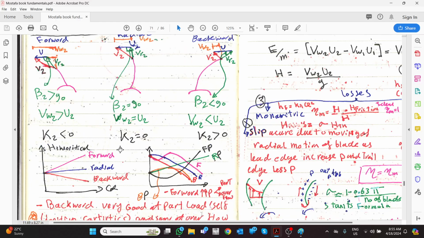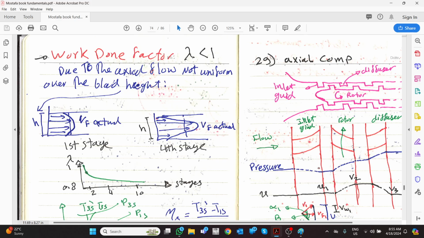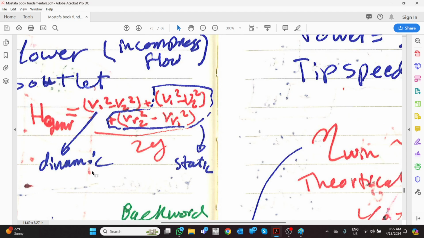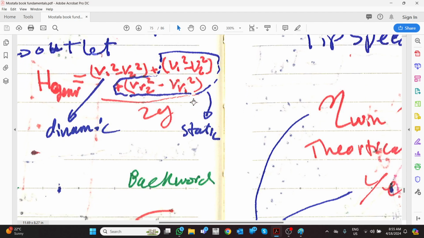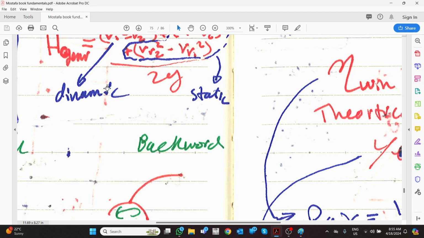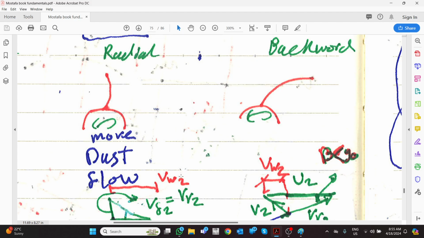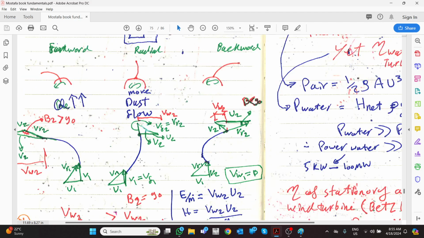Okay, so let's put the same equation again here. This is a general case. And this is a static part and this is a dynamic part. Let's break it down here. By the way, this is from the velocity component.